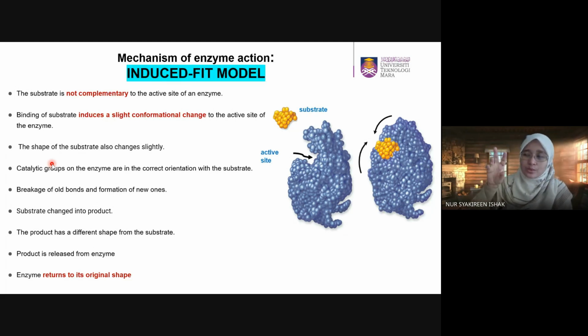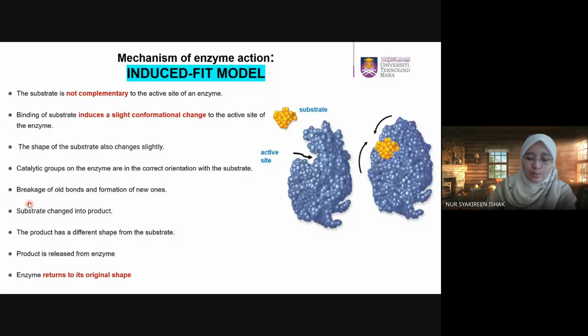Based on the different types of side chain, it may be an acidic or basic side chain that has charges, for example. They may be involved in the reactions. So catalytic groups on the enzyme are in the correct orientation with the substrate, causing bonds to be broken and new bonds to be formed.